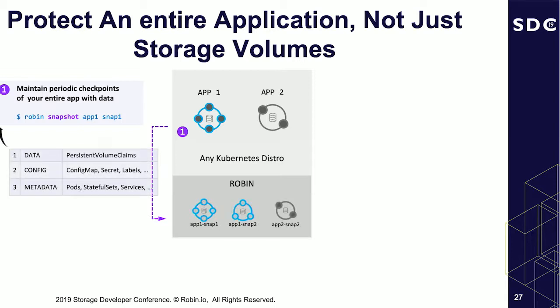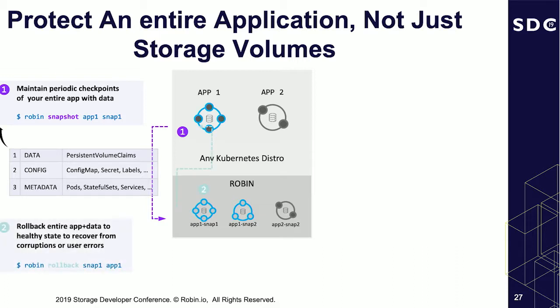It actually takes the information of not only the data part, not only the persistent volumes, but it also takes the information about the current state of the config map, the secrets, labels, etc., which all form the configuration of the application. Along with that, we also save the metadata state of the specification of the pods, the stateful sets, the services, and all that. Together, these three things combine to form one application snapshot in Robin.